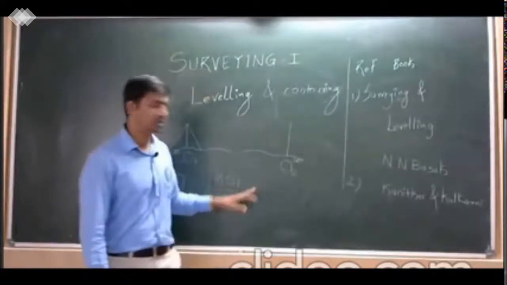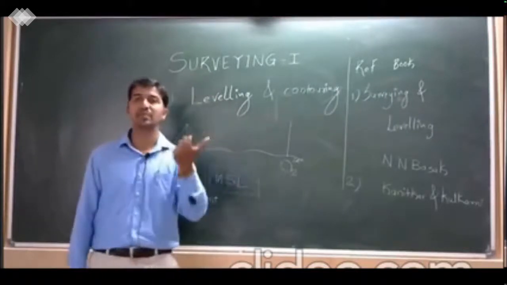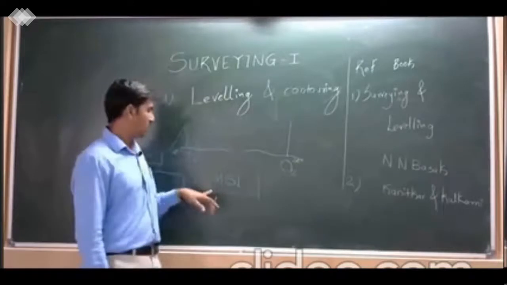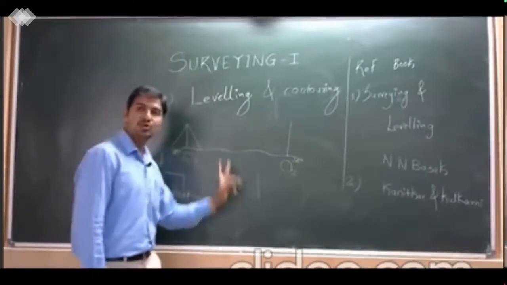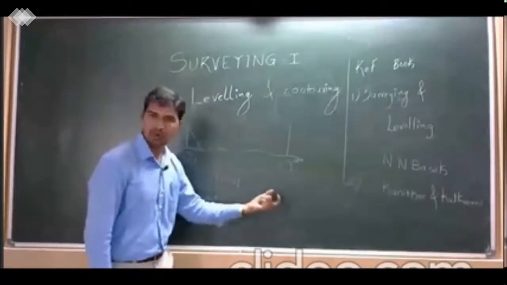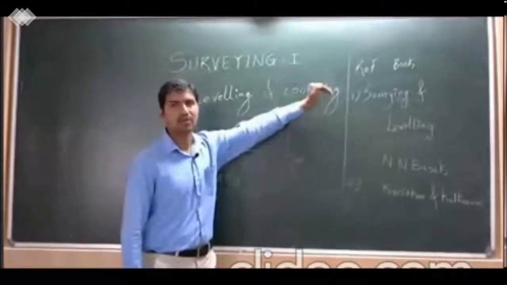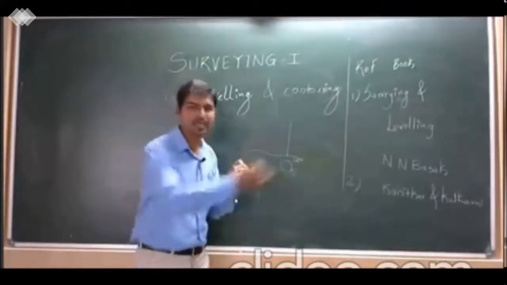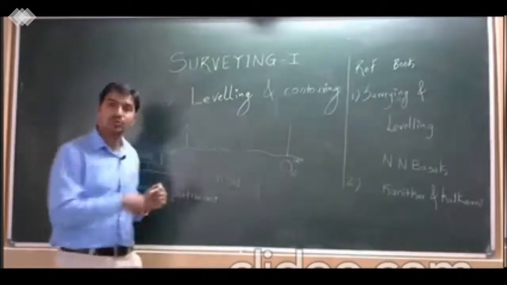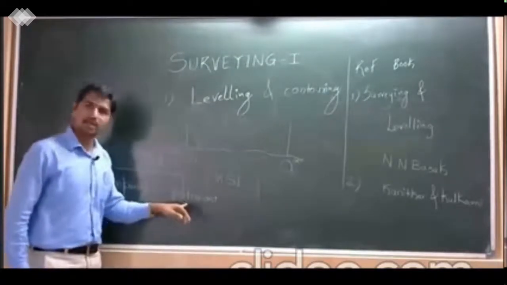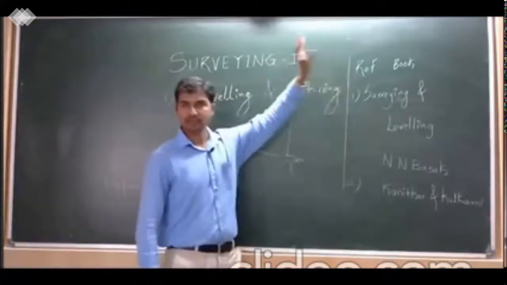For example, a railway station, any government school or any permanent government building. There we have a benchmark. From that we have to do one type of leveling which is called fly leveling, and then we have to reach that particular project, and then we have to start. I will explain the whole thing of how to transfer the permanent benchmark to the required point.